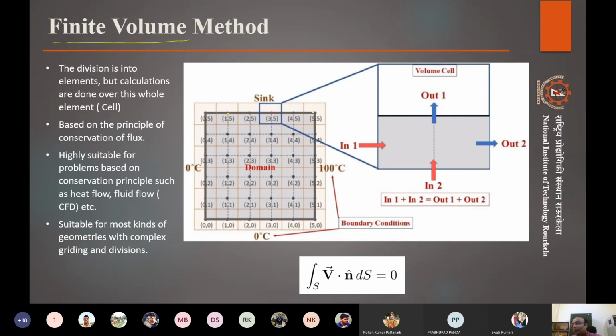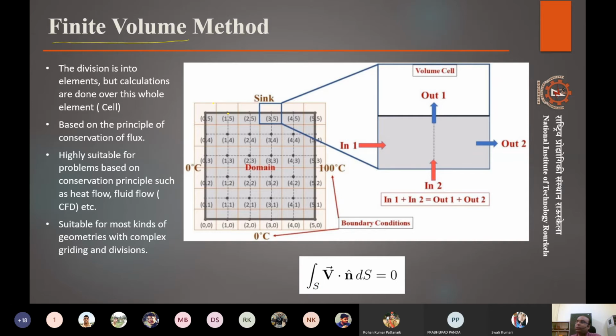In the finite element method also, we first discretize and divide into meshes and elements, which may be triangular or rectangular, based on what kind of 2-dimensional or 3-dimensional analysis we are doing. Similar to that, we do that in the finite volume method as well. However, the calculations that are done are different, and let's see how they are done.